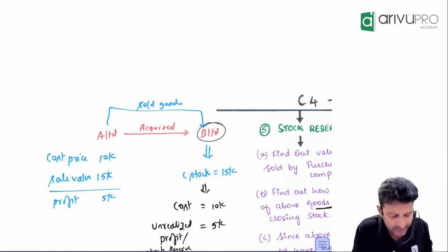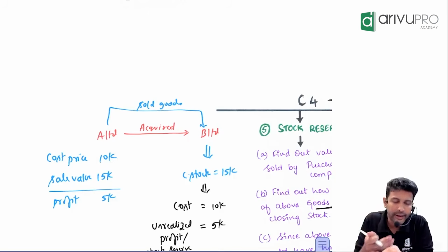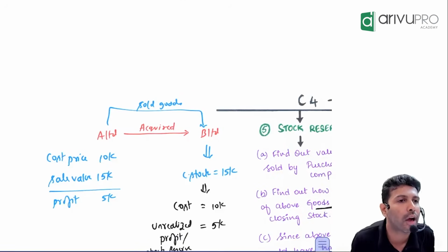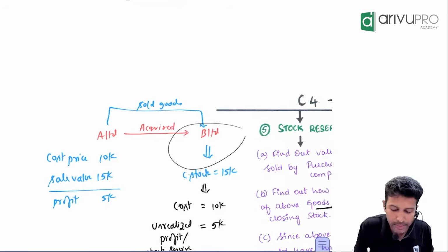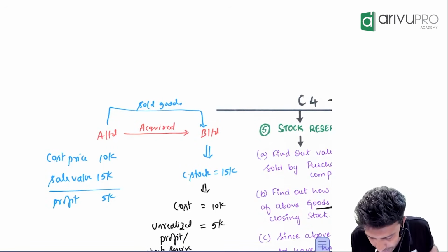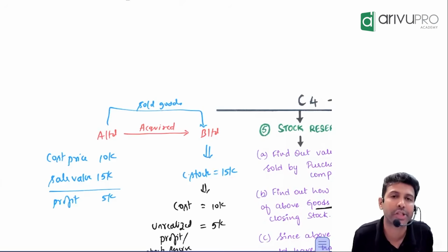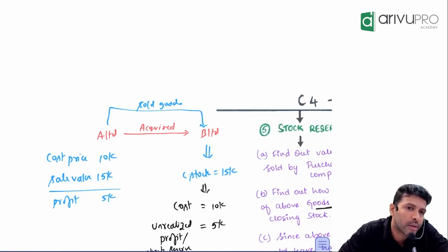Now B Limited will show this closing stock at 10 or 15? Sir, one entity's selling price is the other entity's purchase price. If A Limited sold for 15, B Limited purchased for 15. So B Limited is showing the closing stock in their balance sheet at the value of 15,000. Clear again? Are we good?